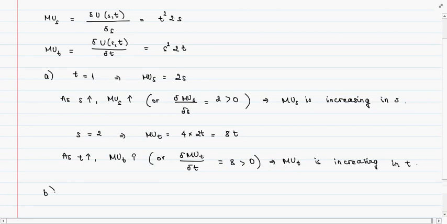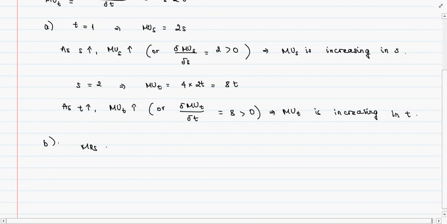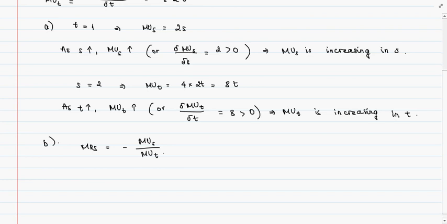Now part B tells you to find the marginal rate of substitution for this utility function. We know that the marginal rate of substitution is just the negative of the marginal utility ratio. So we take the marginal utility of s divided by the marginal utility of t.